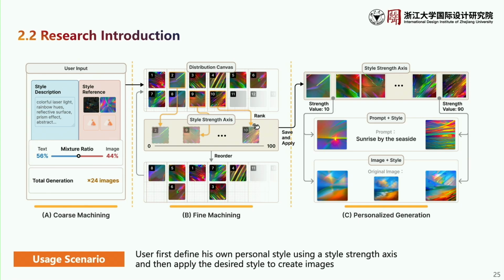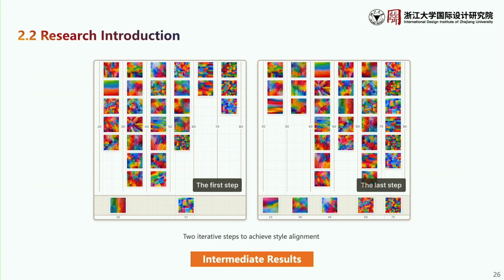For example, when I input sunrise by the seaside as my prompt, I can set the strength value, maybe 10, maybe 90. When I do this, I can generate images in the style I want. Here are the images showing how we do the ranking. The left is the first image, the first step, and the right image is the last step.